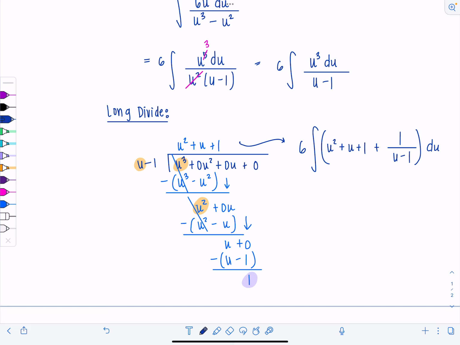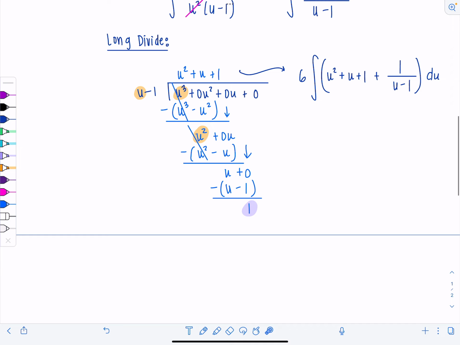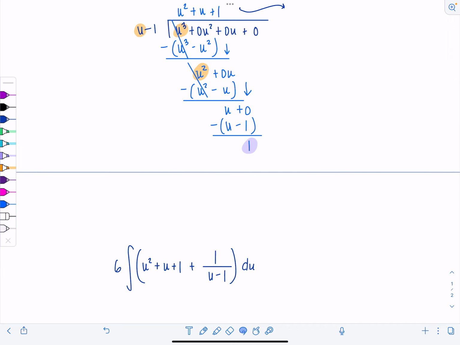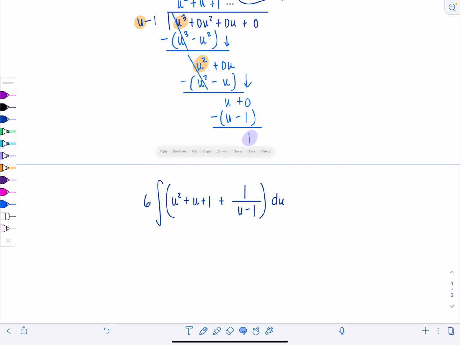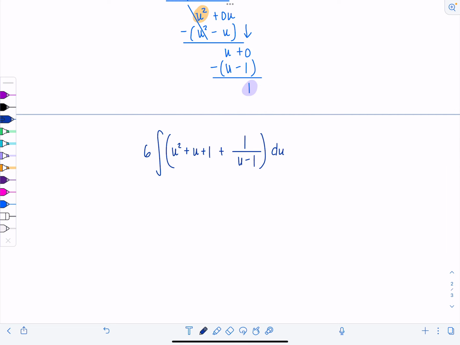Well, let's look through term by term. I think we're pretty much done. We can anti-differentiate this, no problem. This is just going to be an ln, absolute value of the denominator. So we're ready to go. Let me move this so we can continue working on it right here. Beautiful. Just keep the 6 outside until the end, okay?